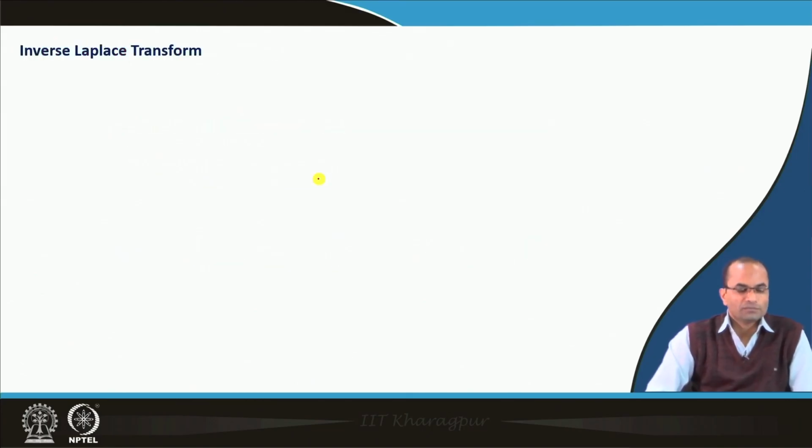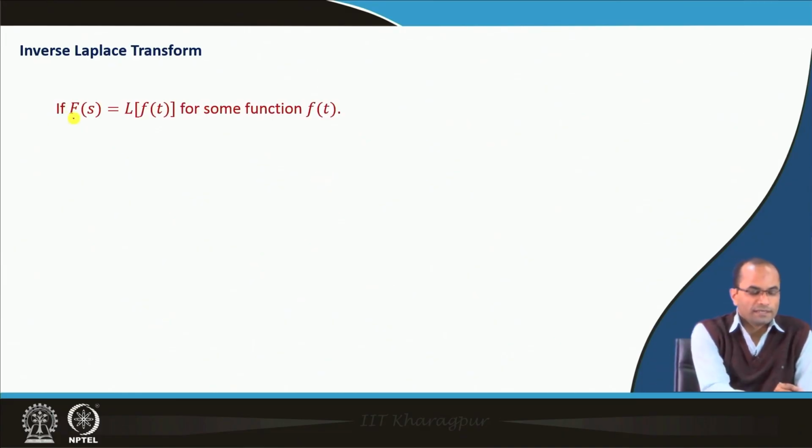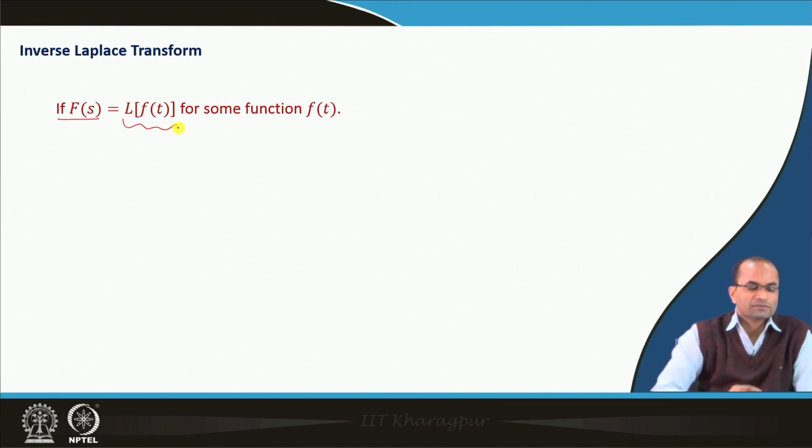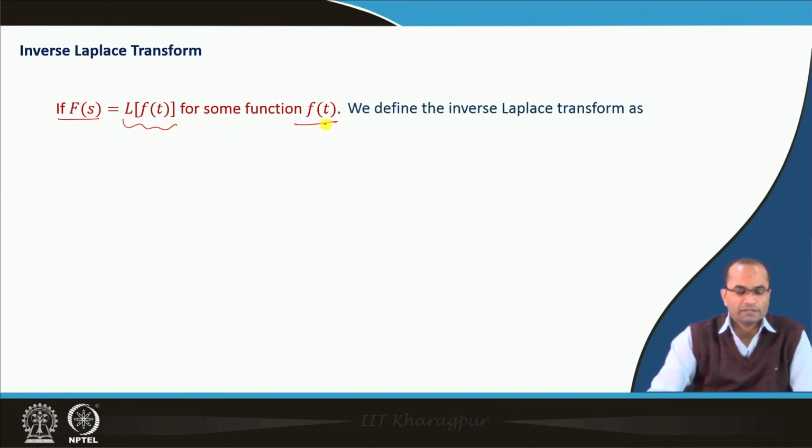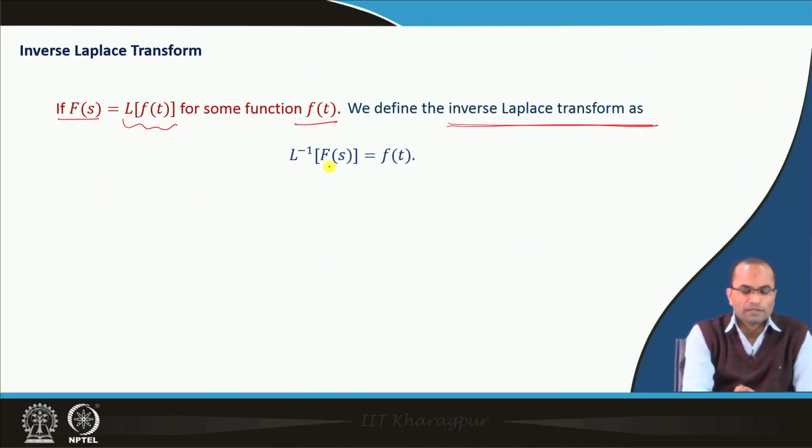Now we will come to the inverse Laplace transform, and the idea is simple. If F(s) is the Laplace transform of f(t) for some function f(t), then we define the inverse Laplace transform of F(s) as f(t).